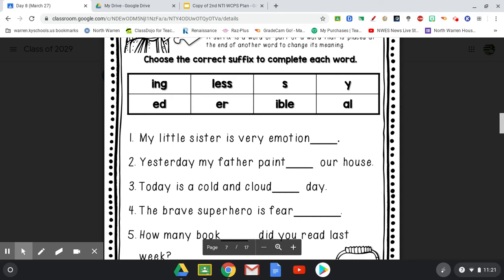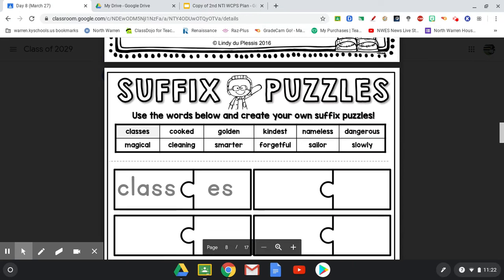So my little sister is very emotioning, emotionless, emotions, emotion-y, emotion-ed, emotion-er, emotionable, or emotion-ol. My sister is very emotion blank. So you're picking a suffix to make a word, okay?